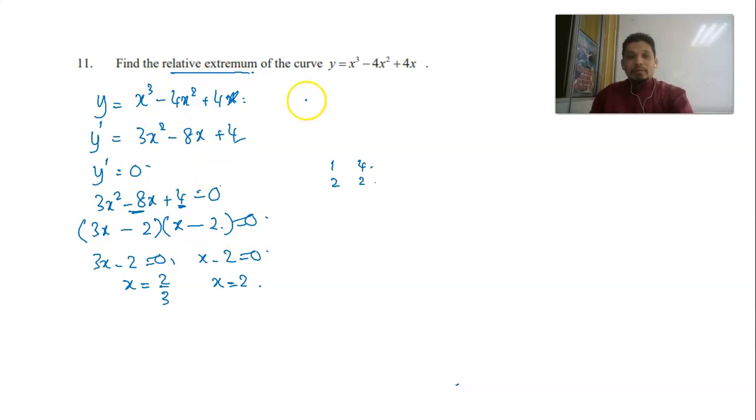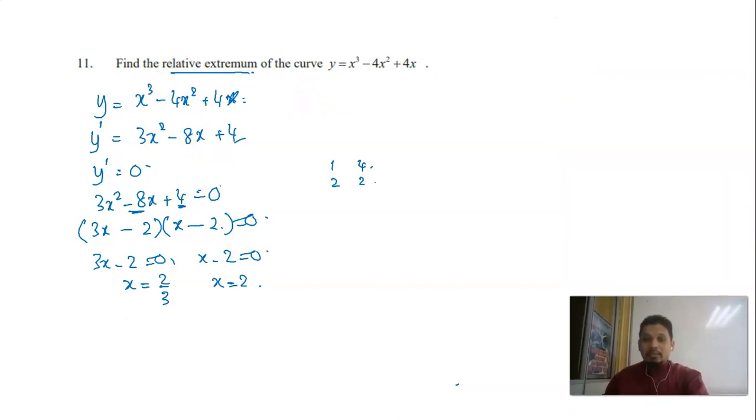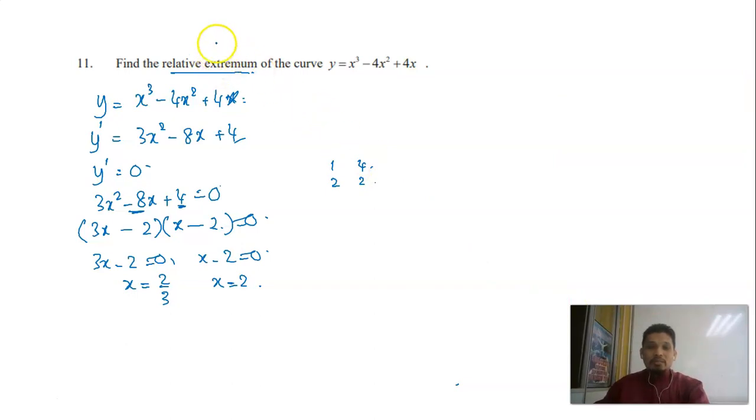Okay, we can use the first derivative test or second derivative test. In this question, it is not mentioned whether to use the first derivative test or second derivative test, so we may use any of the methods. Okay, I'll show you both. First derivative test, from here, we use a table.